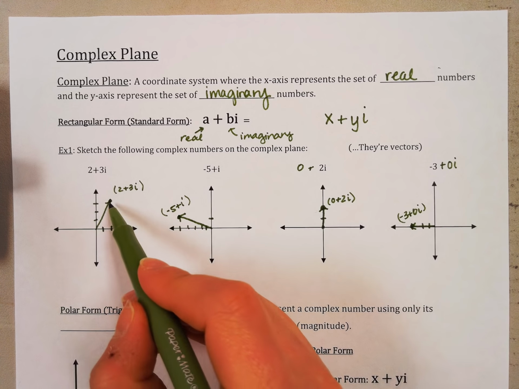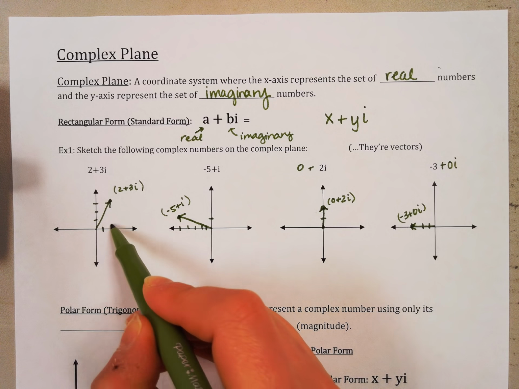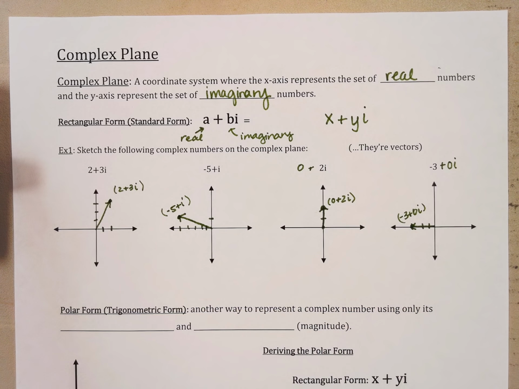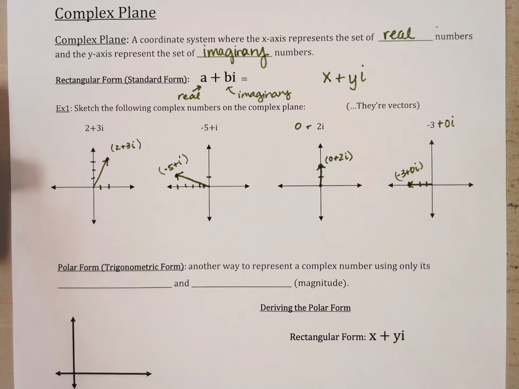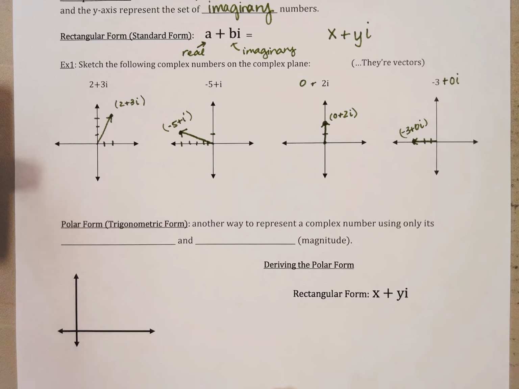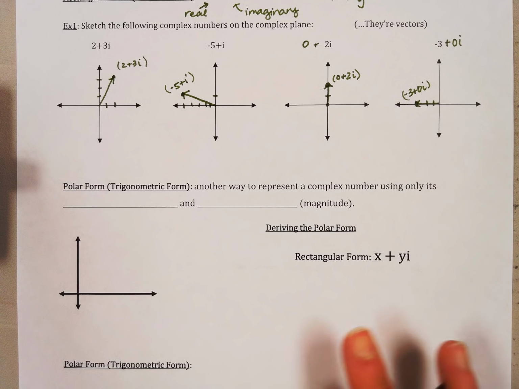We can create this little triangle. You can see this one forming here. That's a 90-degree angle. We could represent that theta value, and then we can talk about that vector not only in terms of x plus yi, but with some sort of direction and magnitude. And that's what polar form really does, and polar form can be really helpful in a lot of ways, but you'll just have to trust me on that.